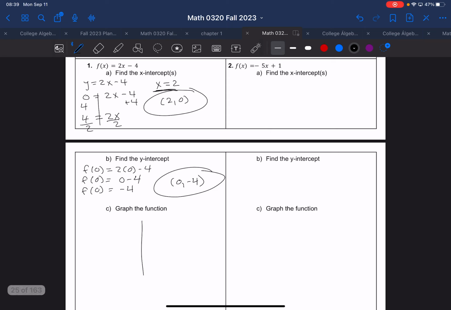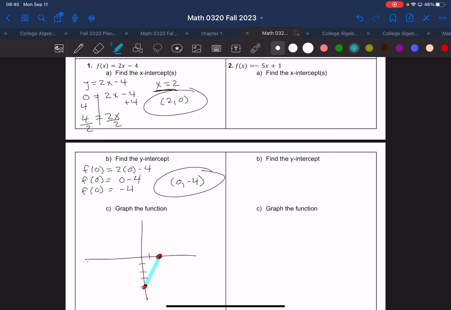Okay, so here is my function. I'm going to first graph 2 comma 0. So 1, 2 right here. Then I'm going to graph 0, negative 4 right here. So when I connect my points, do I connect it like this?